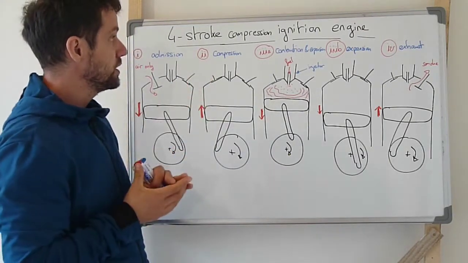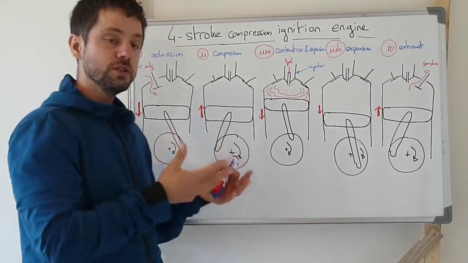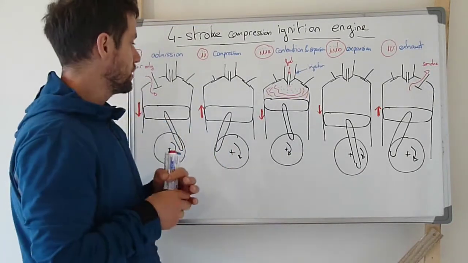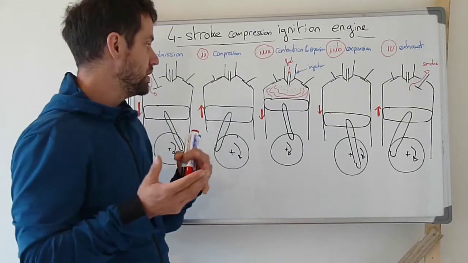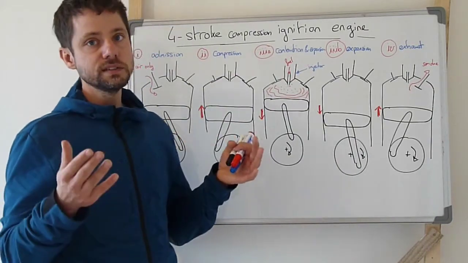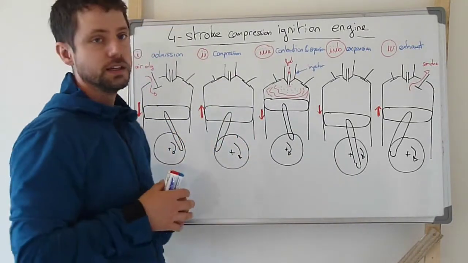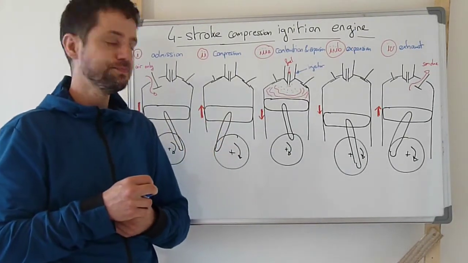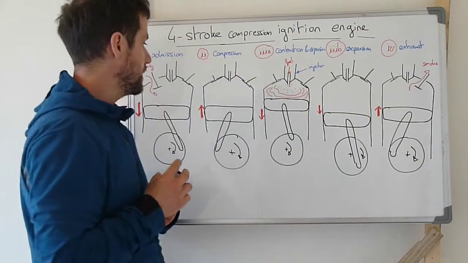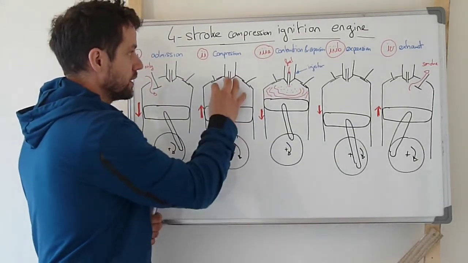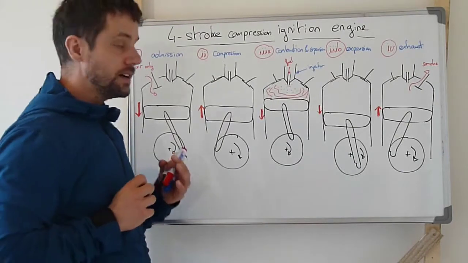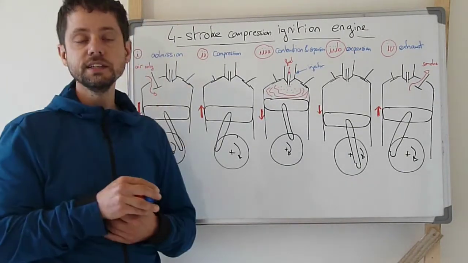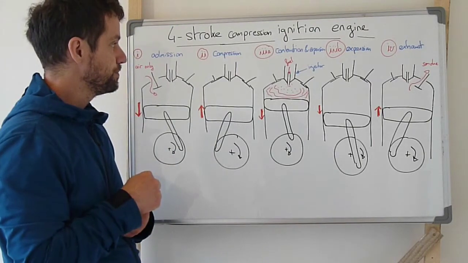Here for the compression ignition engine, this volumetric compression ratio is always above 14. So the normal order of magnitude will be 14 to 16 or 17 for usual engines. So second main difference, the air is more compressed in order to go over the auto ignition temperature.